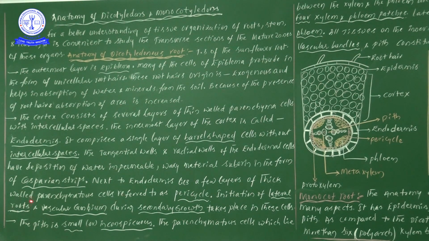And one more thing: the pericycle is involved not only in the formation of lateral roots but also in the formation of the vascular cambial ring, or vascular cambium, during secondary growth.